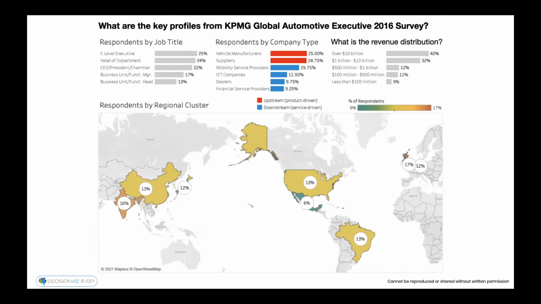And on the map, respondents by regional cluster is just kind of a mouthful. So where are the executives located seemed pretty simple to me to get the point across. So you don't have to be complicated. You don't have to use big words. Just keep it simple and straightforward is always your best strategy for making your titles.